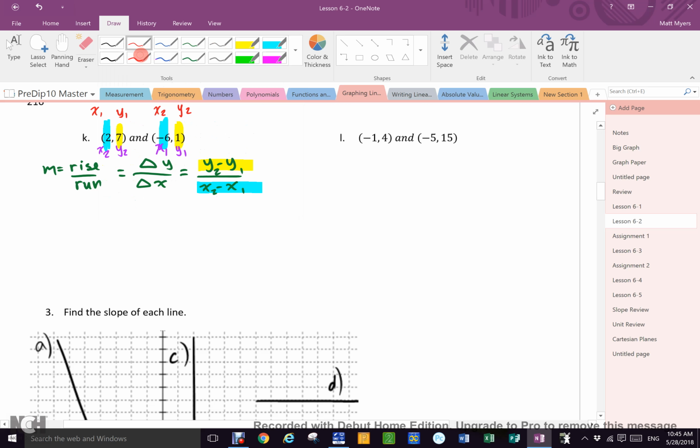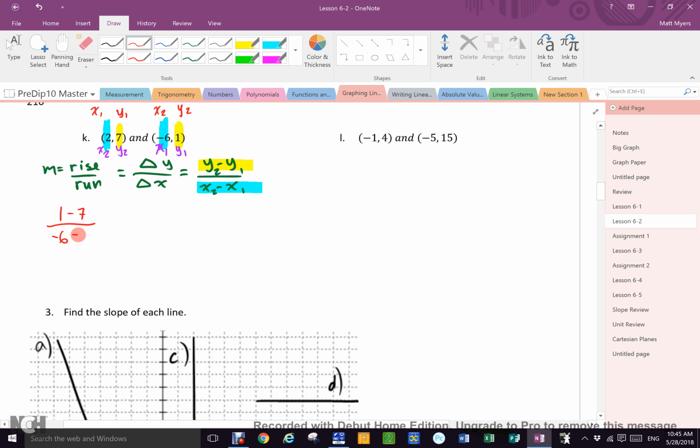I'm going to do both. If I'm the red group, it's 1 minus 7 over -6 minus 2. Correct? If I'm a purple group, it is 7 minus 1 over 2 minus -6.